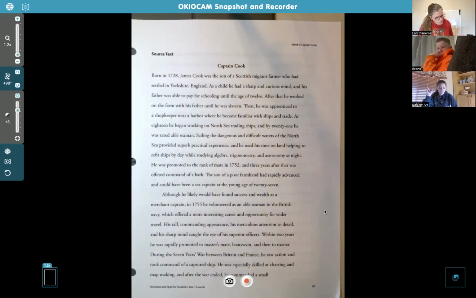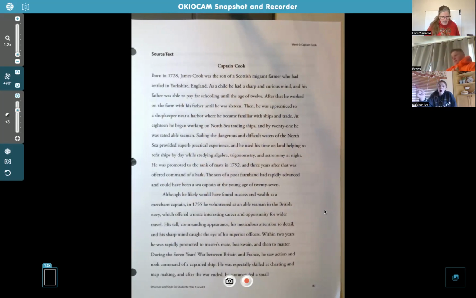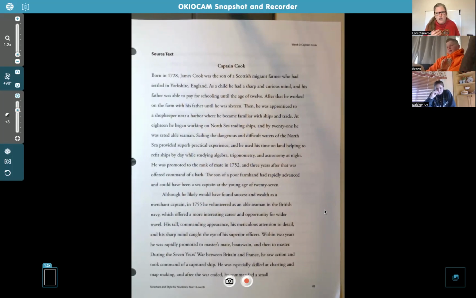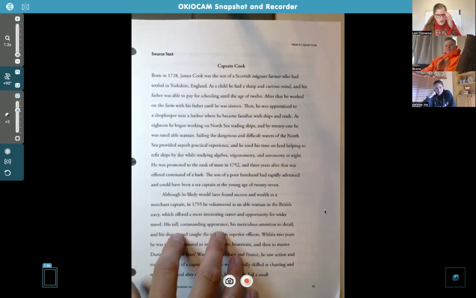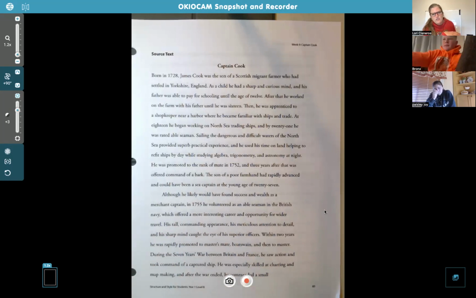Captain Cook. So we're talking about the subject Captain Cook, which is kind of cool and entertaining. This is a true story. And we're going to think about some facts as I read this story. Now, remember when we did Mike the Headless Chicken, you guys looked for 3 types of facts.